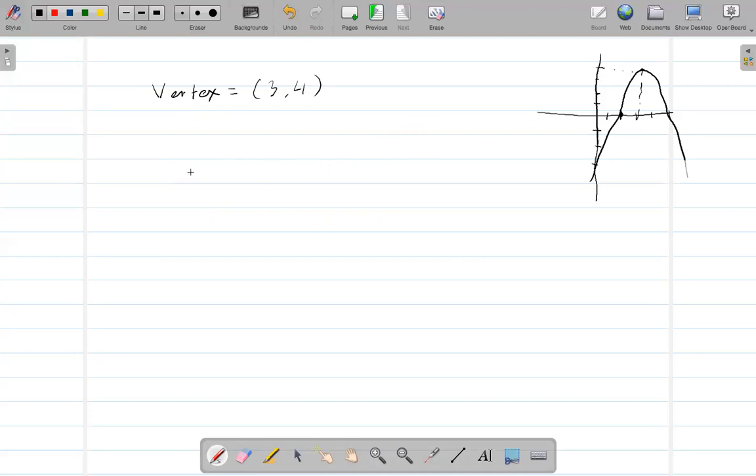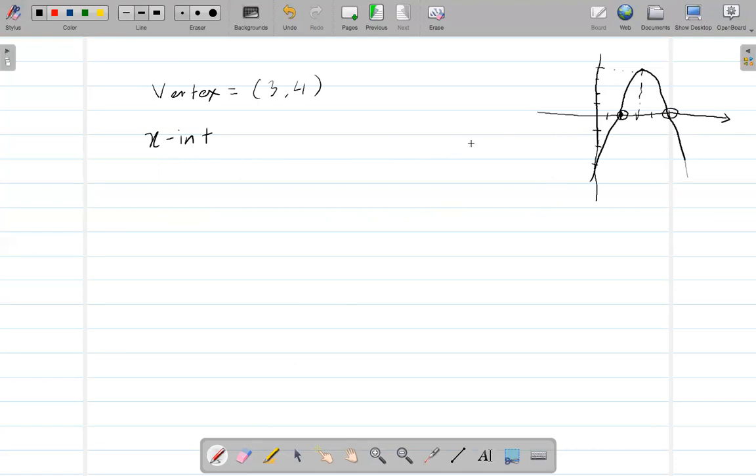And the x-intercept. Well, x-intercept means where the graph intersects the x-axis, right? Since this is the x-axis, this graph crosses the x-axis here and here.